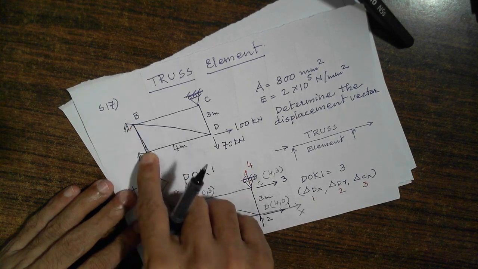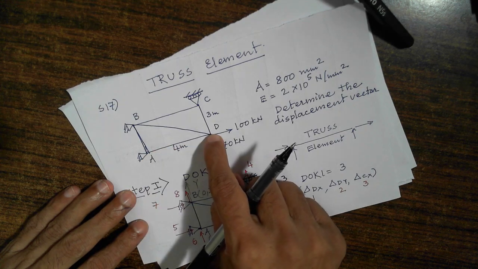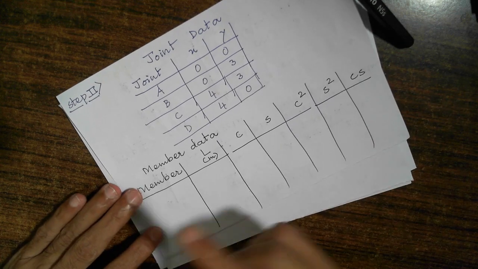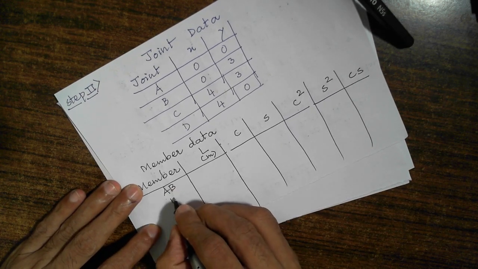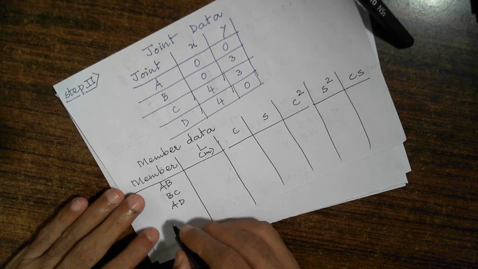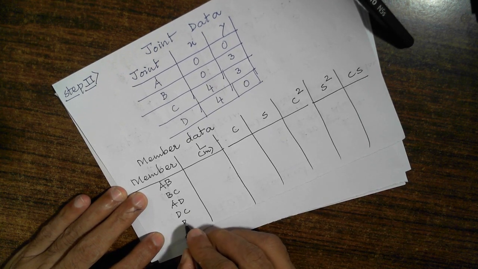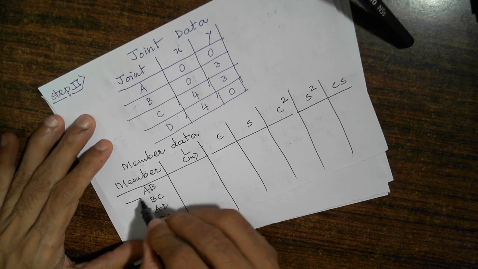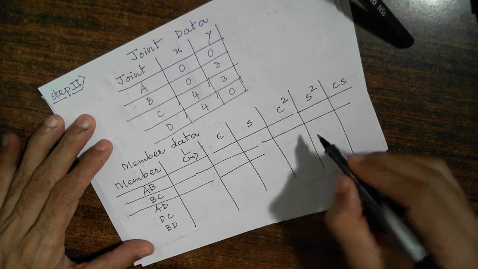But at present, let's write member AB, BC, AD, DC, then BD. 5 members are there. Since there are 4 joints, there must be 5 members.